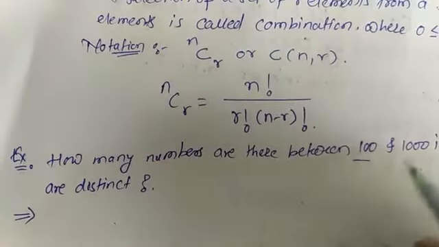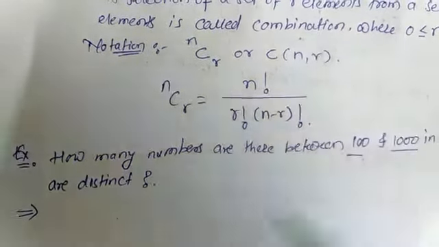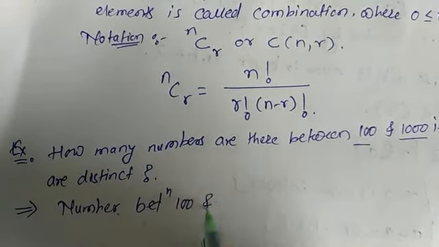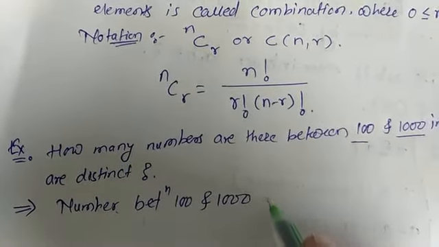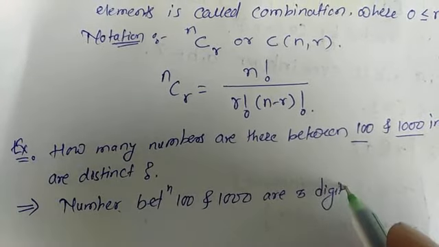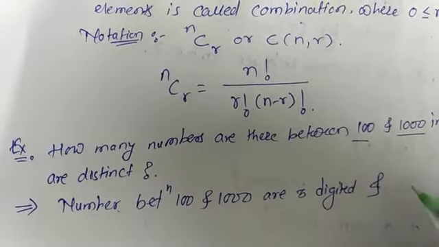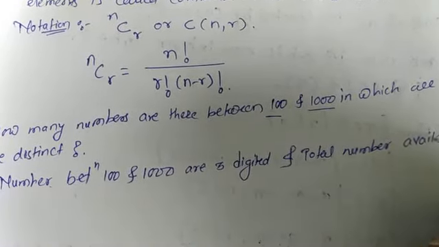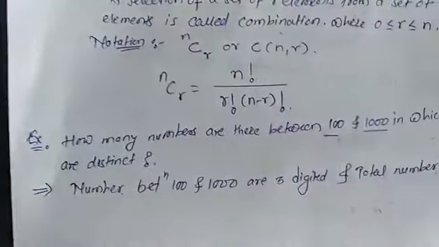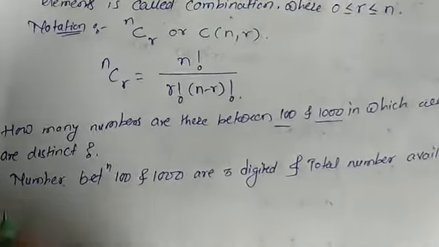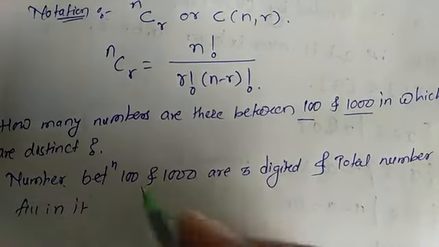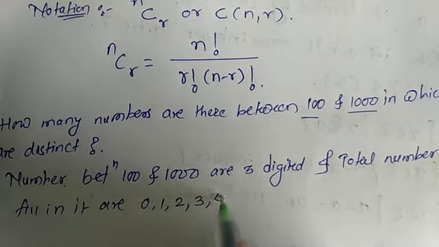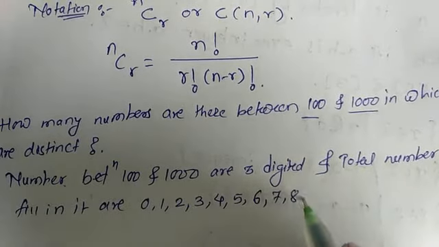first of all, the numbers between 100 and 1000 are all 3-digit numbers. So first you have to note down that numbers from 100 to 1000 are 3-digit numbers, and the total digits available to fill them are 0, 1, 2, 3, 4, 5, 6, 7, 8, 9.